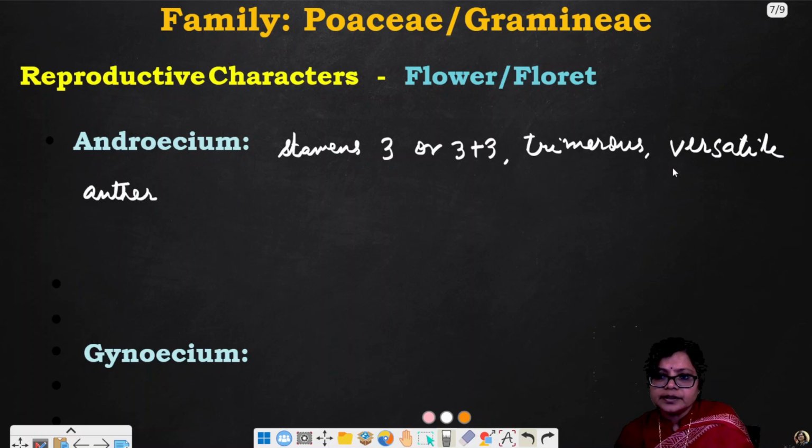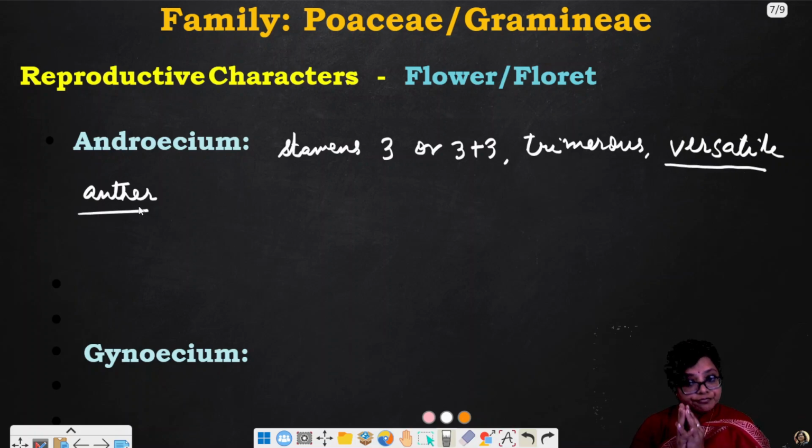What do we understand by this term versatile anther? In versatile anther, the anthers are dorsifixed, that is, the filament is attached at the dorsal side of the anther, and also it swings side to side.